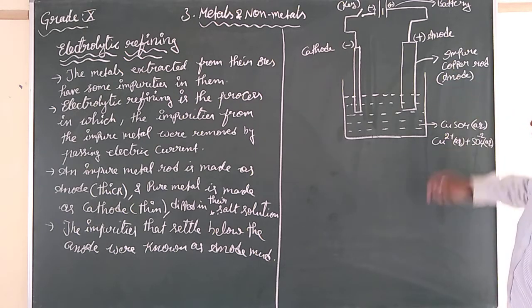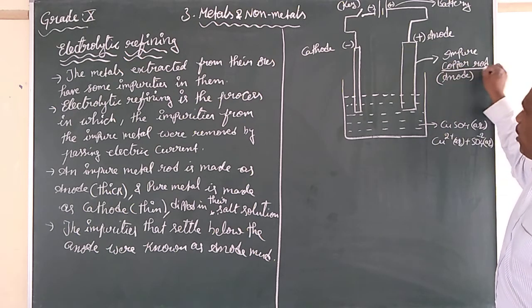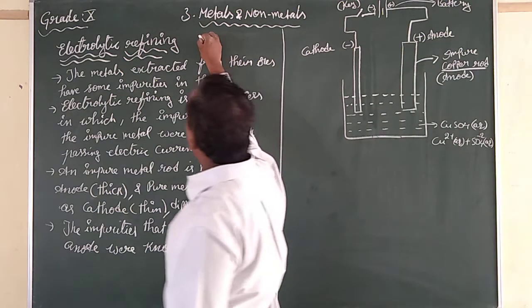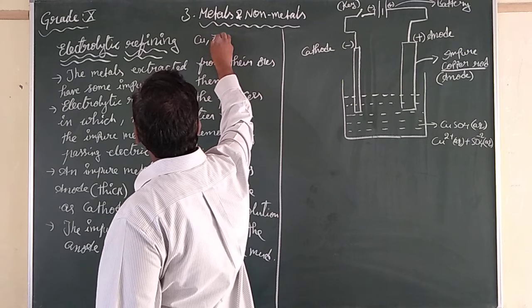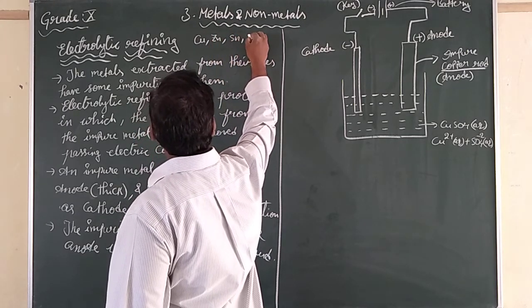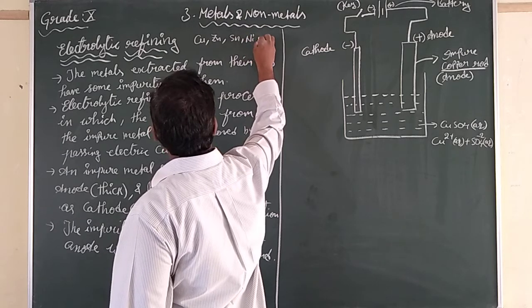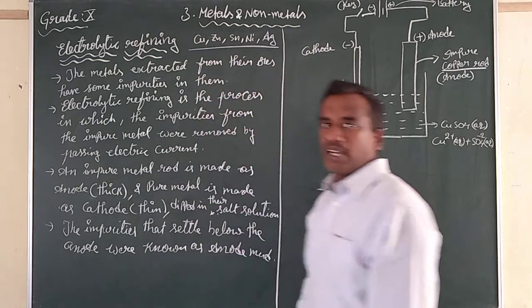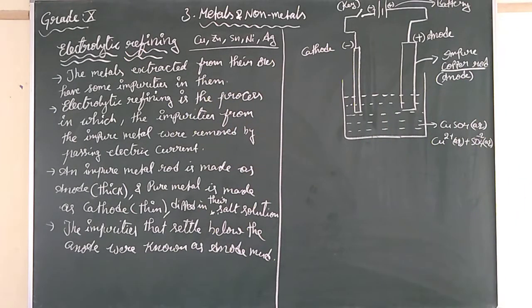This metal I am using as copper. By the electrolytic refining method, we can refine impure metals like copper, zinc, tin, nickel, or even silver, meaning we can get them into the pure state.